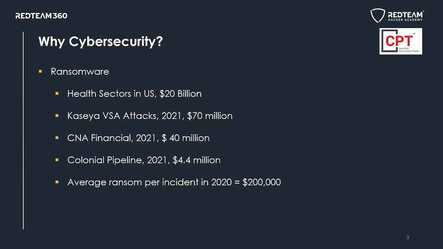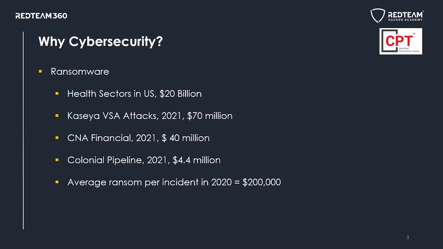Because if an attacker has unauthorized access to our systems or applications, what are the consequences? One of the most costly cybersecurity issues faced by organizations today is ransomware attacks. Attackers attack systems, and the ransomware, which is a malware, encrypts the data on the system, or sometimes it will steal the data from the system.